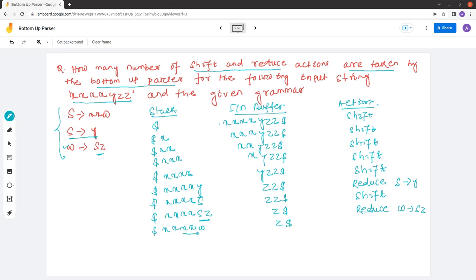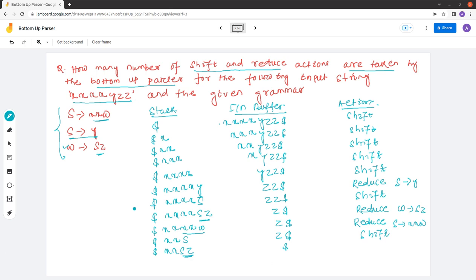We can handle xxW by the first production. So reduce S to xxW. So this is $xxS, z$. Now we cannot handle it, so the next action is shift: $xxSz. This is $, and we can handle this Sz by W, so W to Sz: $xxW, then it is $S.